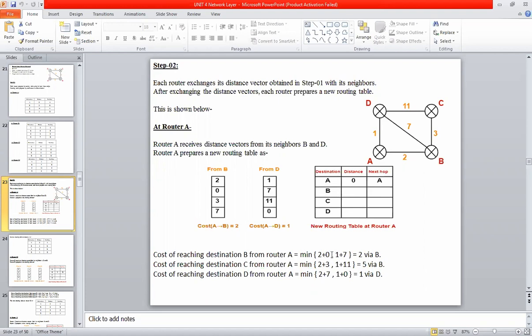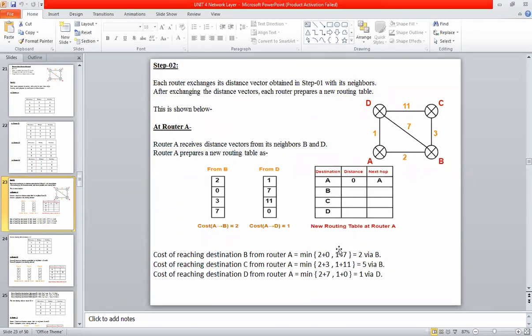So 2 versus 8. Which is the minimum number here? That is 2. So we have to consider the least cost path from B to A instead of B to D and D to A.